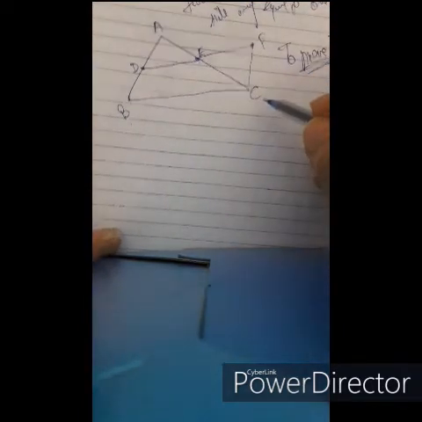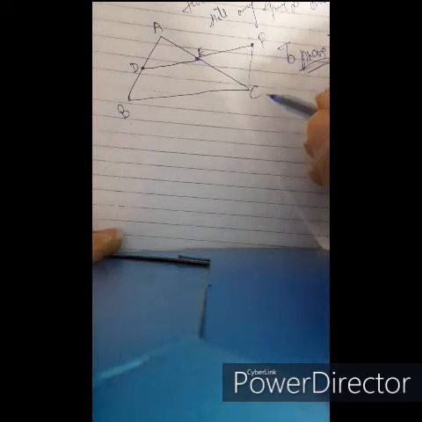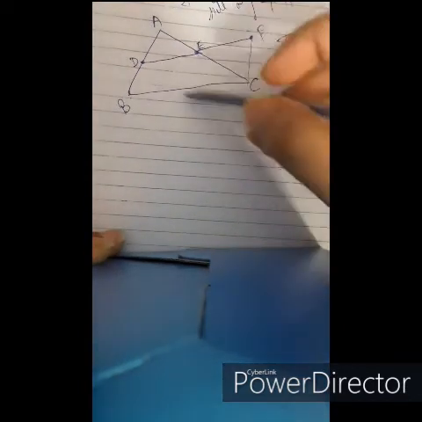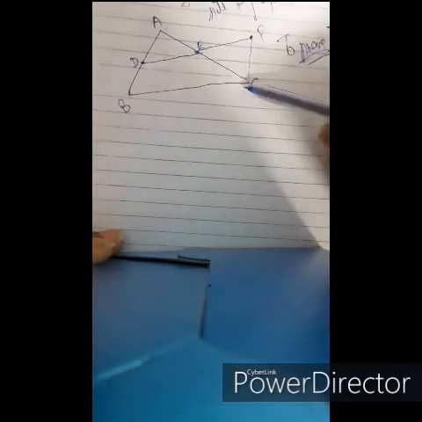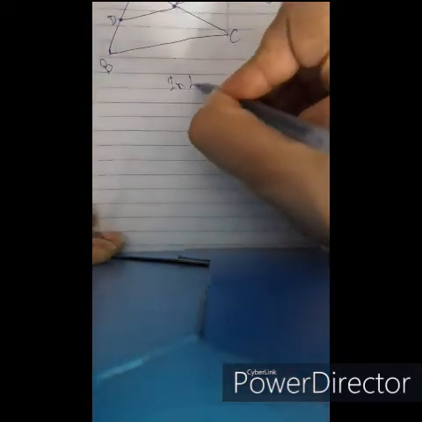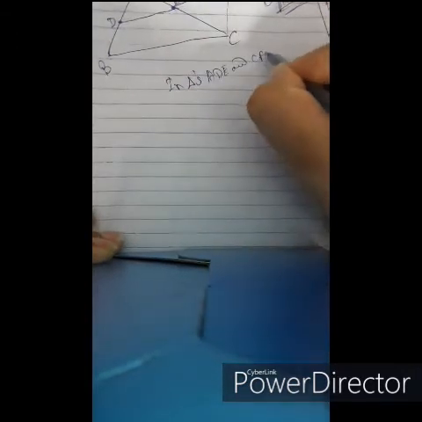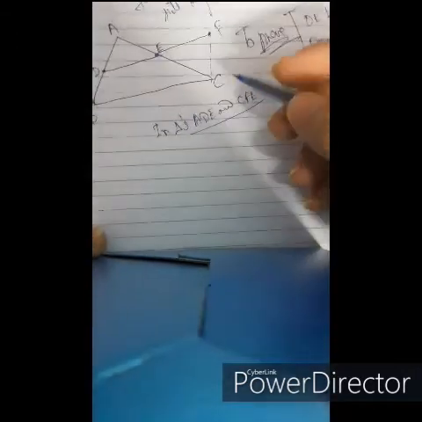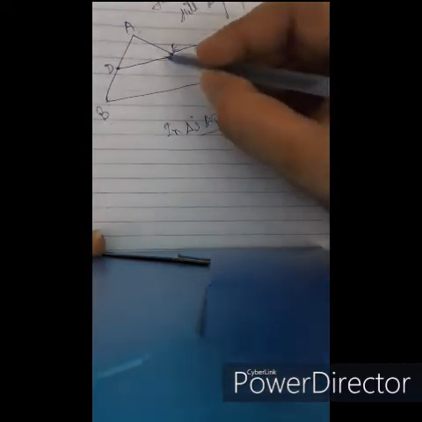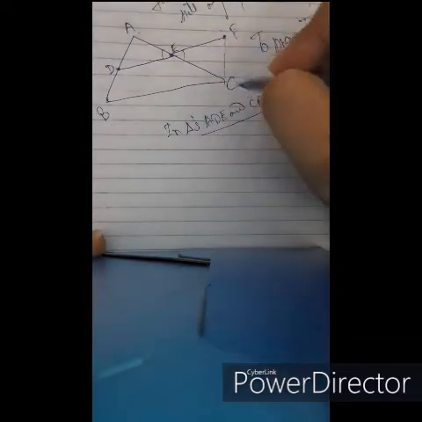So now in triangles ADE and CFE, we can see that these two are vertically opposite angles. These are equal.